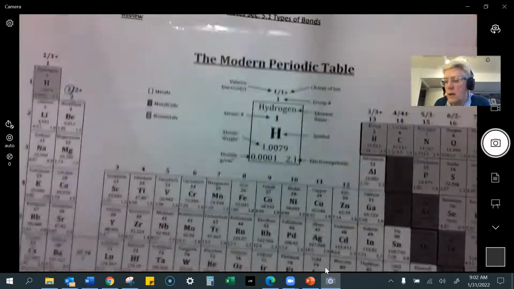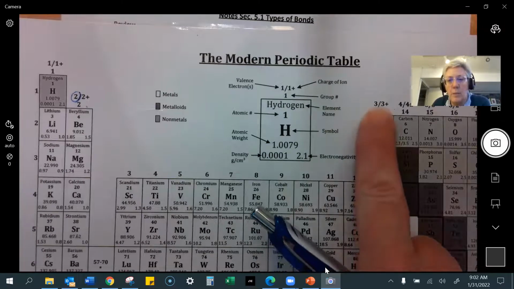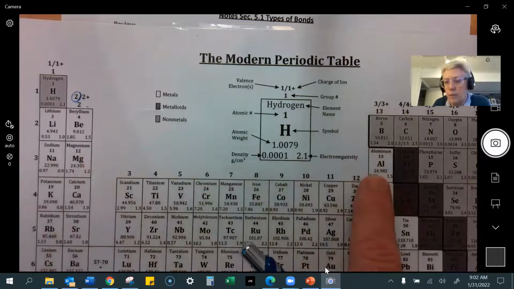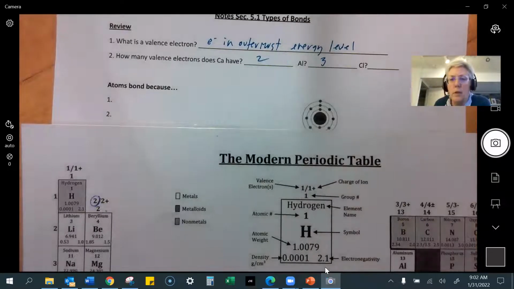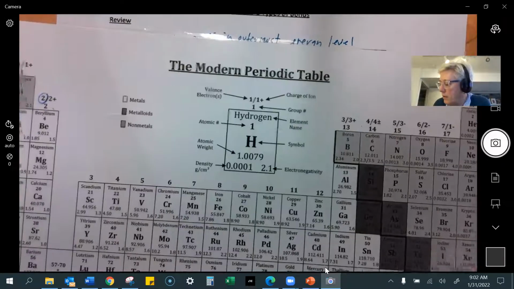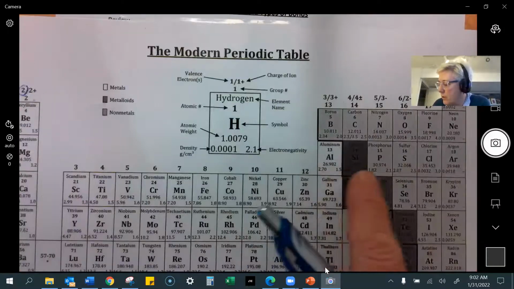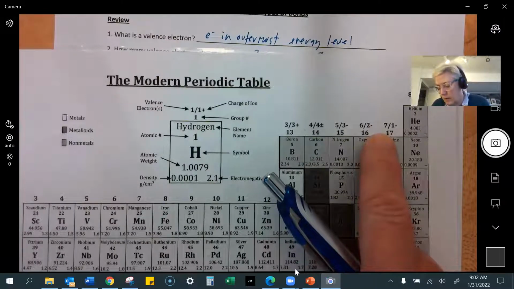Aluminum, here's aluminum right there. Go up to the top, it's got 3, or you can count over 1, 2, 3. Aluminum has 3, and chlorine is right there, and it's got 1, 2, 3, 4, 5, 6, 7. So chlorine has 7, and there's the 7 right there.